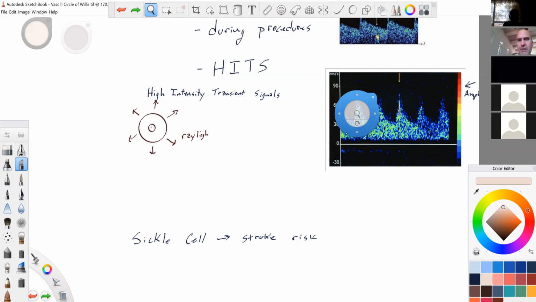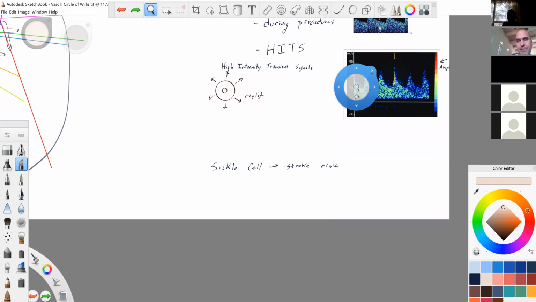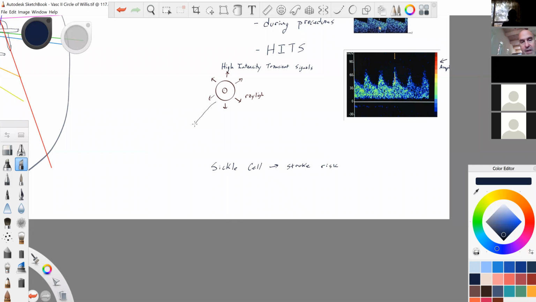So I just mentioned sickle cell disease. These poor folks get a lot of things wrong. They get strokes. Anywhere where you have small arteries, the sickle cell, and of course, a sickle cell is not shaped like this guy, but shaped more like, well, a sickle.